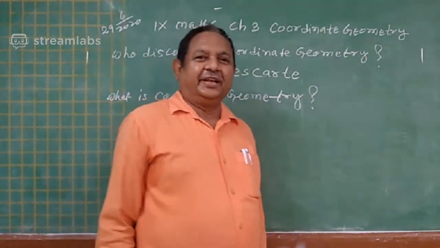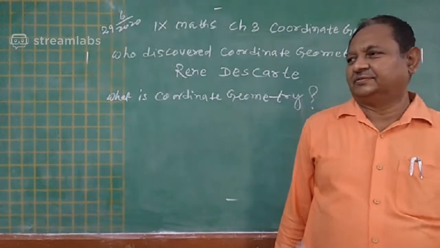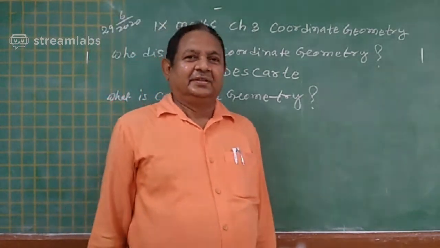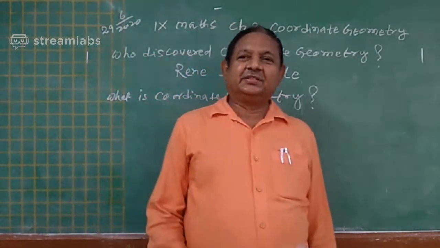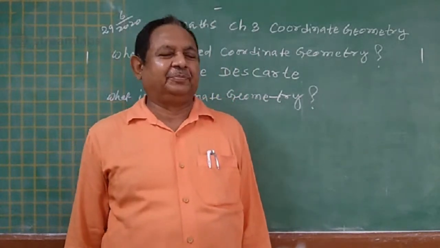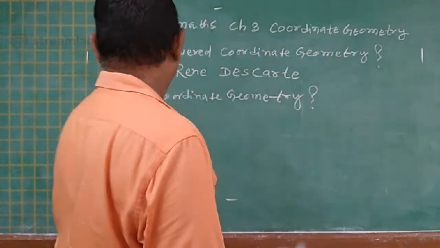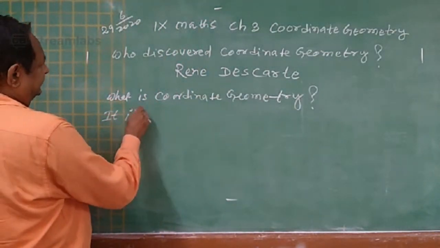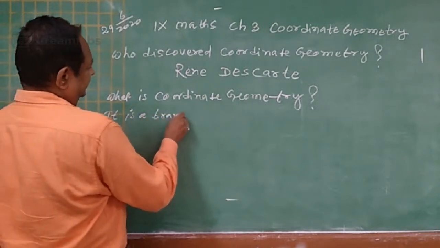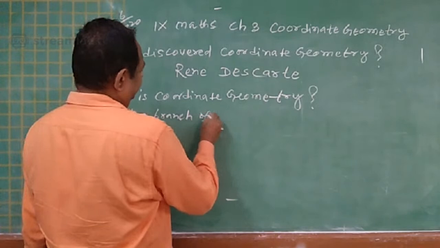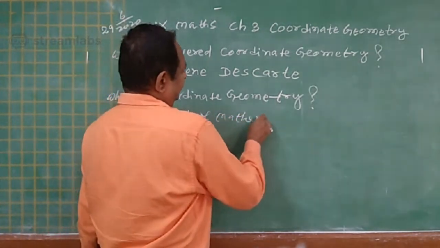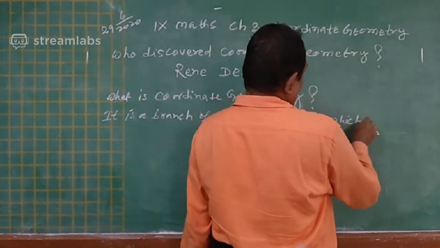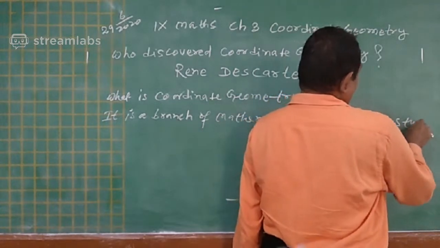Coordinate geometry is a branch of mathematics in which we study how the position of a point in a plane is described in an ordered pair.